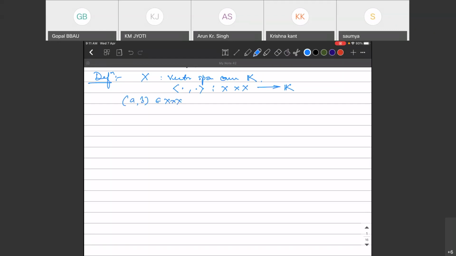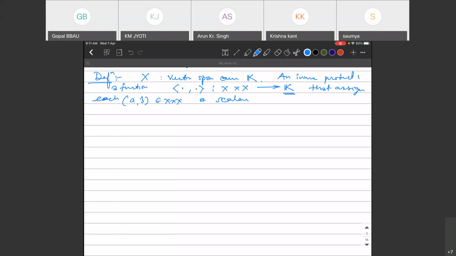Means for each pair of vectors A, B in X, this assigns a scalar in K. So inner product is a function that assigns to each pair a scalar.